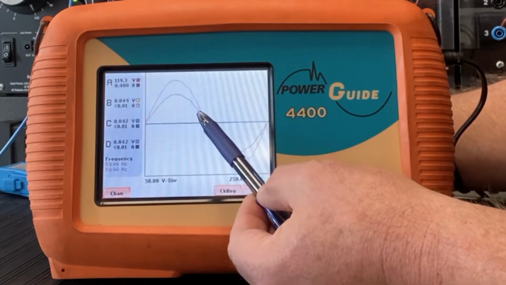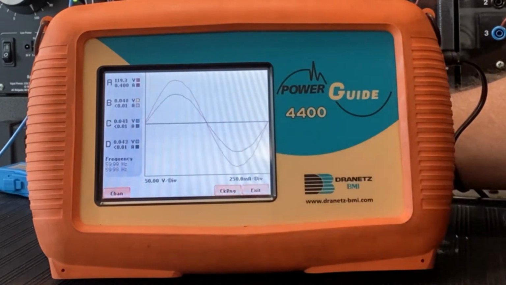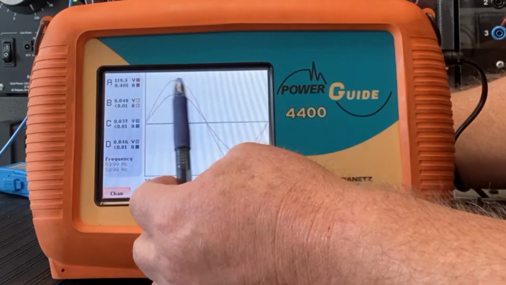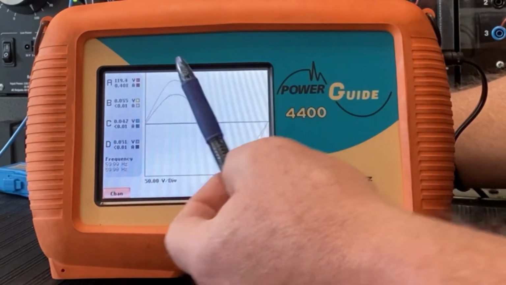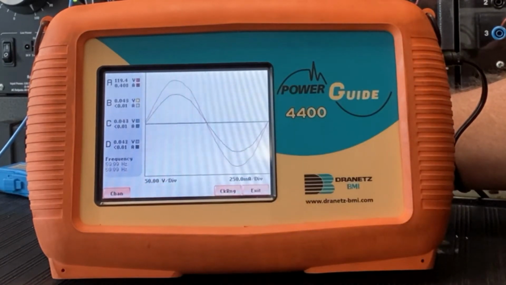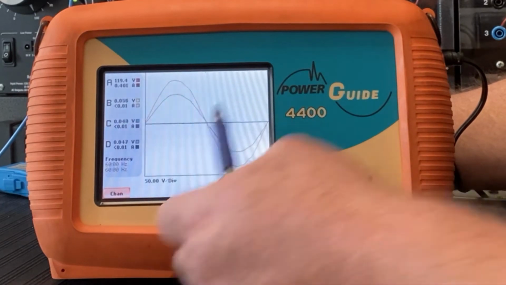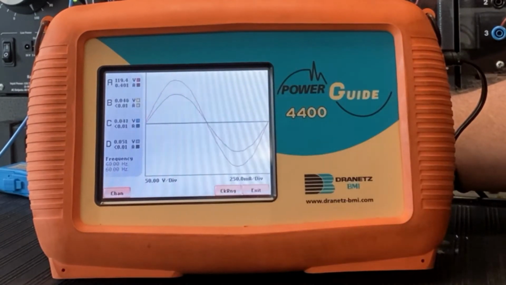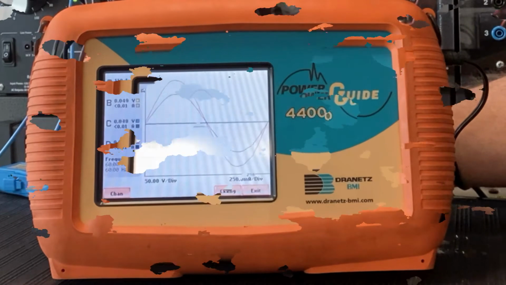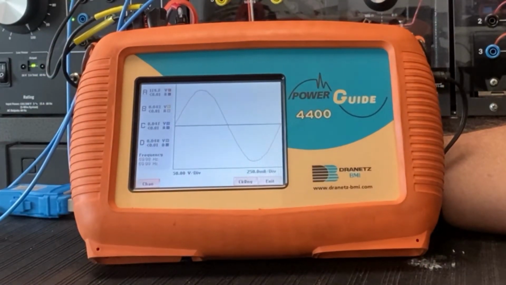Now here's the current being displayed, but you can see it's peaking at the same time the voltage is. It's what we would say it's in phase with the voltage. It reaches the 0 point at the same time. Clearly that's in phase.